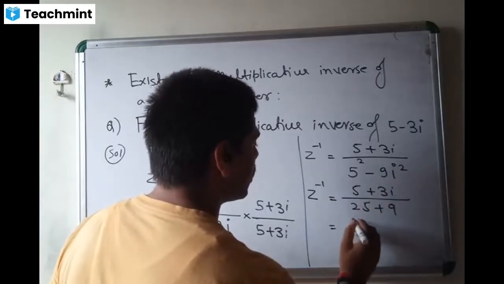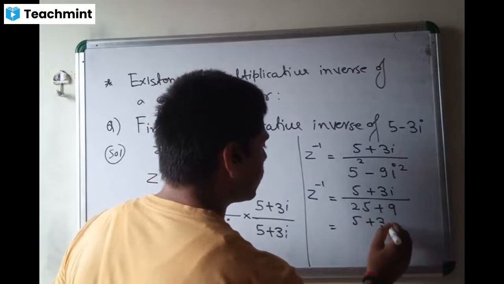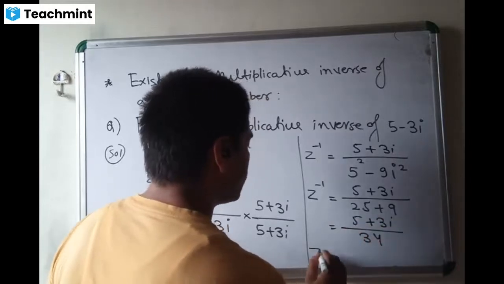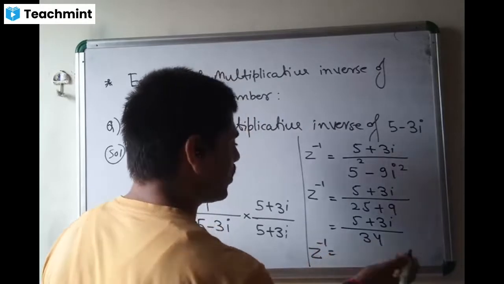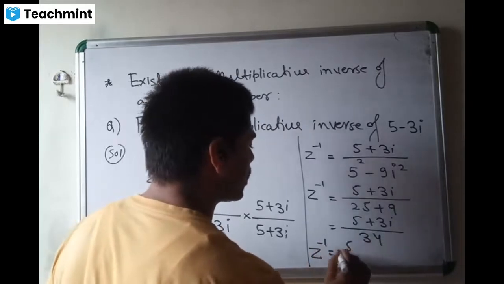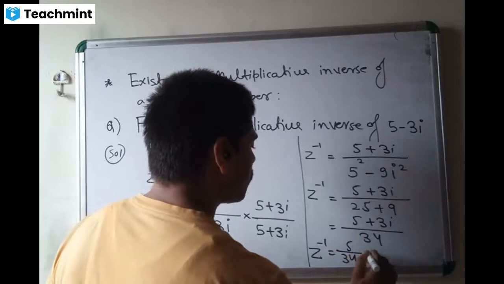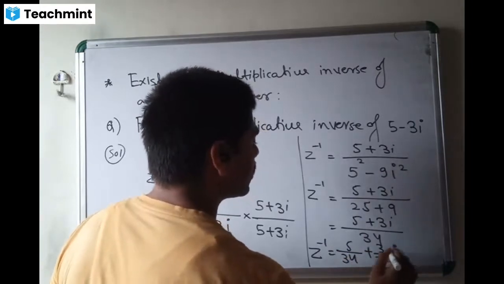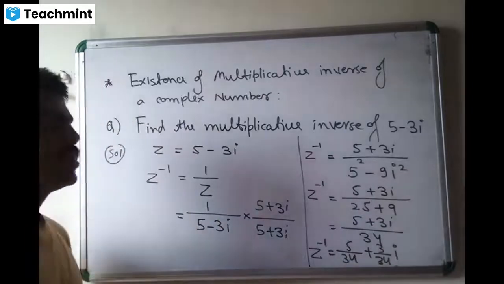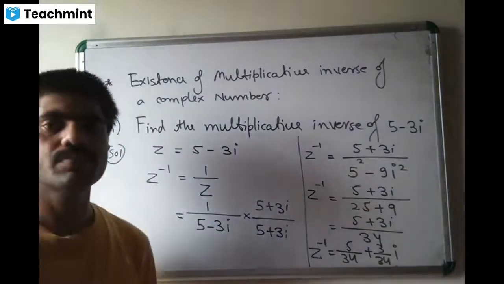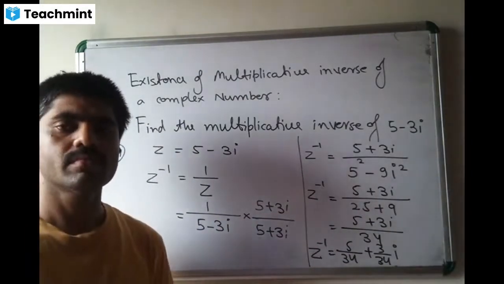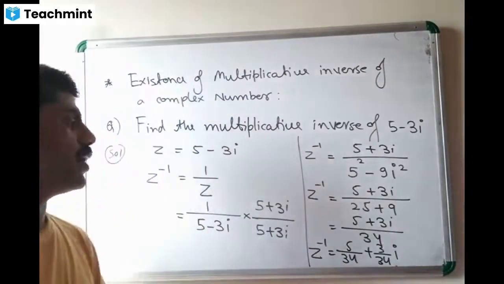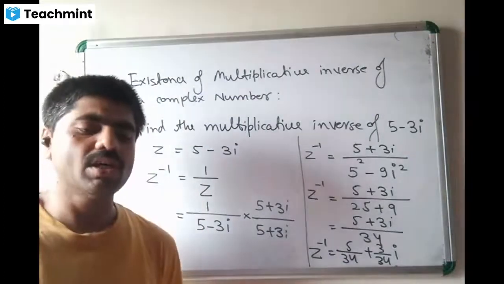So you get 5 minus 3i upon 34, and you write separately the real part and imaginary part. So 5 upon 34 plus 3 upon 34 i, isn't it? Yes, sir. This way you find the multiplicative inverse.